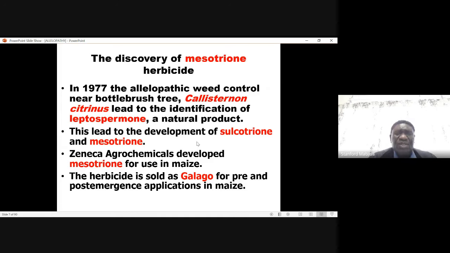But what you should know is that mesotrione was developed because of the allelopathic effects of Callistemon citrinus. So that plant has this product.